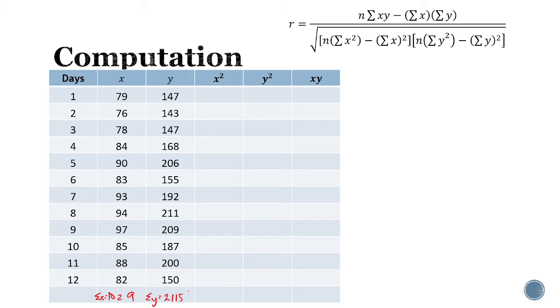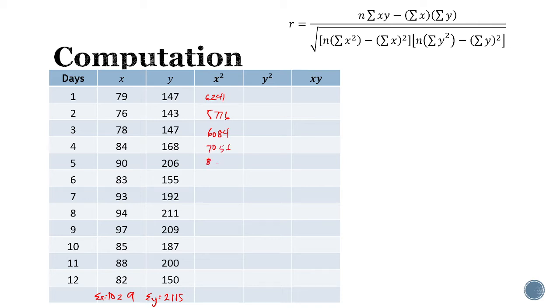Okay? And kung nag-compute kayo para dun sa x squared, so bali, magkakaroon lang kayo dyan ng 79 times 79, which is 6,241. And we will have here 5,776. We'll have here 6,084.